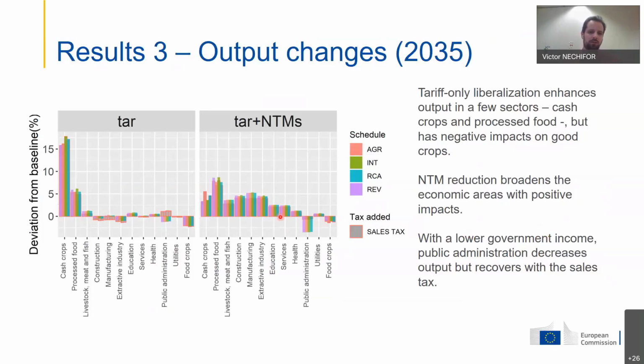So the effect is less pronounced this time for cash crops and processed food, but we see gains in other sectors like manufacturing, the extractive industry, and also the underlying sectors. And on top of this, we also see that the tax also changes a little bit the distributional impact over the sectors.